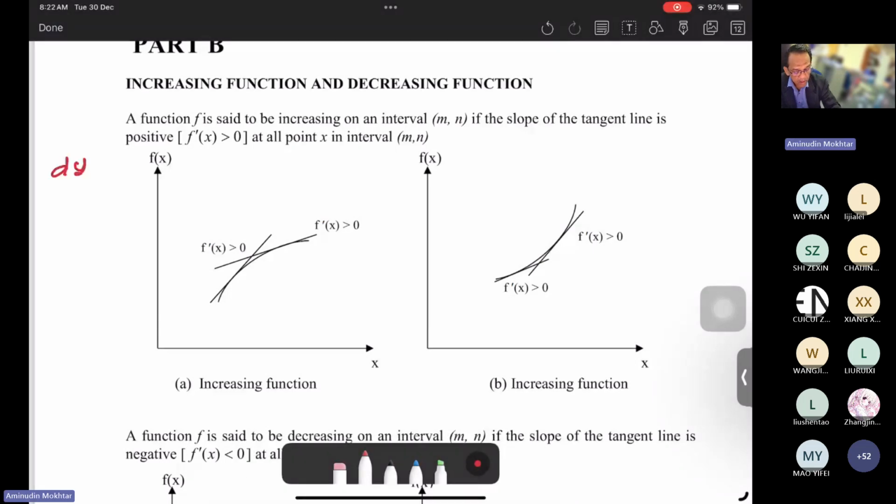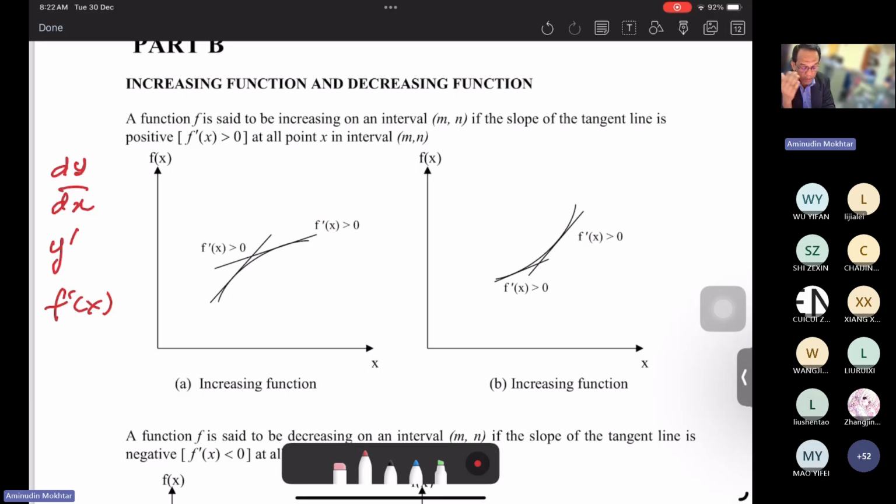dy/dx or y prime or f prime of x, the value of the differentiation is also equal to the slope of the function.